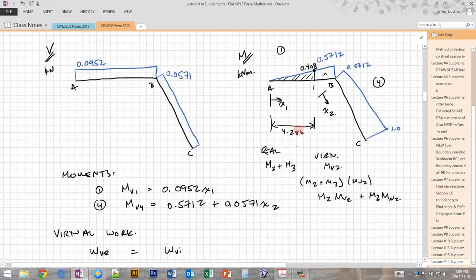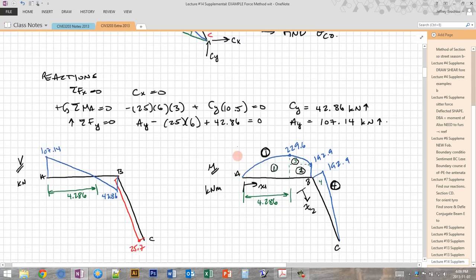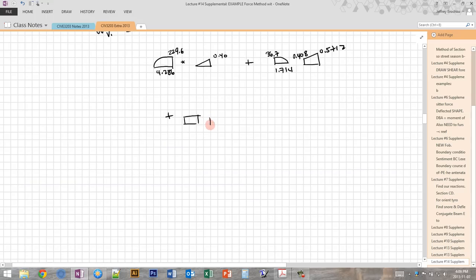Now this is the small rectangle here below, and that's going to be multiplied by the entire trapezoid again. And the rectangle is 192.9, and the length again is 1.714, and then 0.408 on the left and 0.5712 on the right.